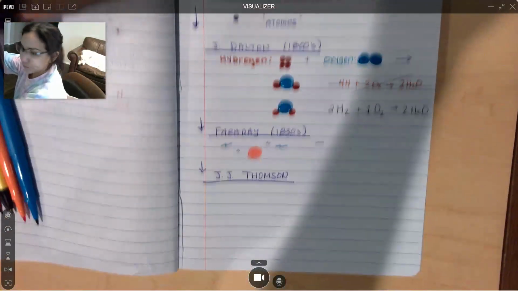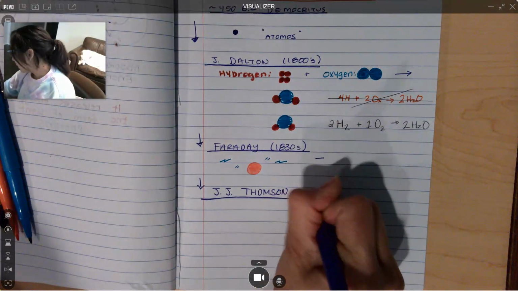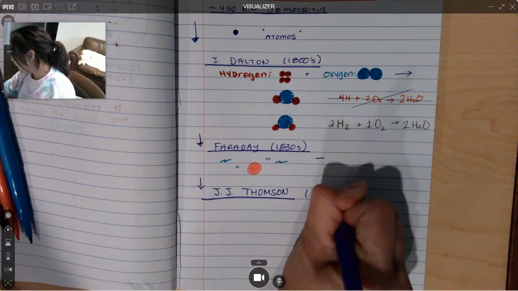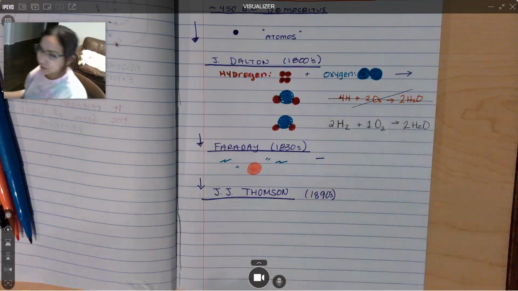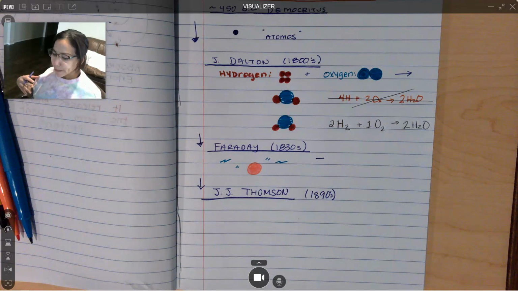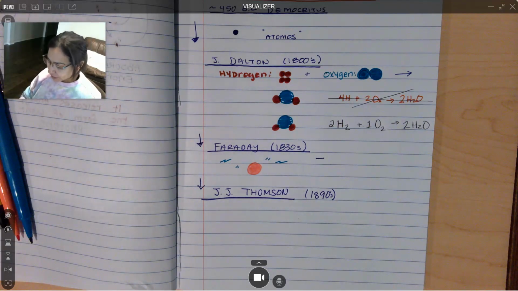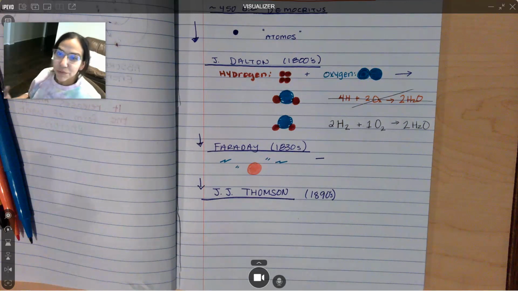Now, his model from the 1890s, like 1898 or something like that, is actually the most accurate model to our actual model. Our actual model is called the quantum mechanical model, and J.J. Thomson's model was the best representation.